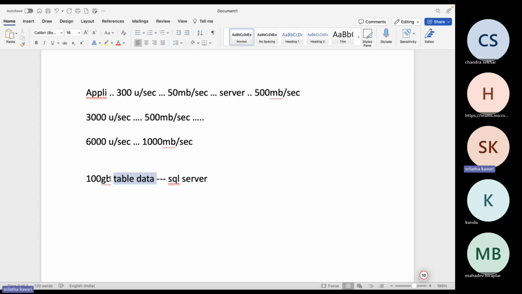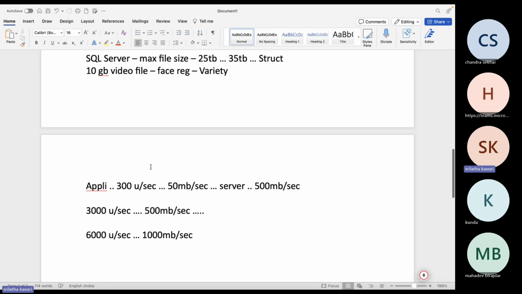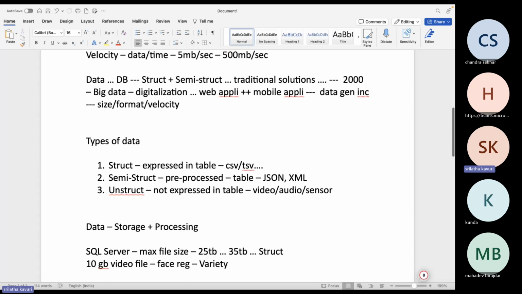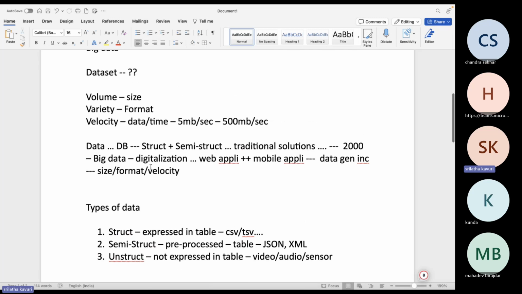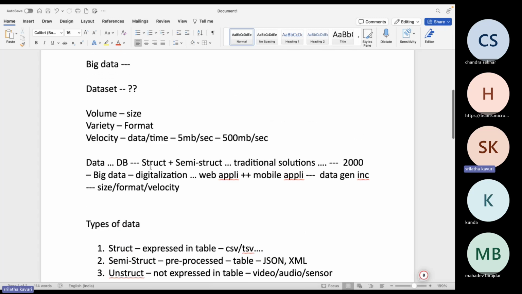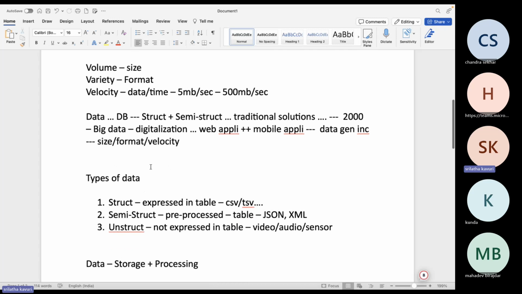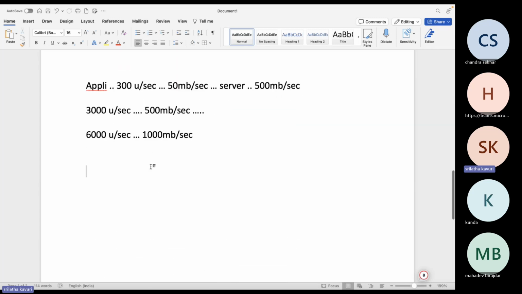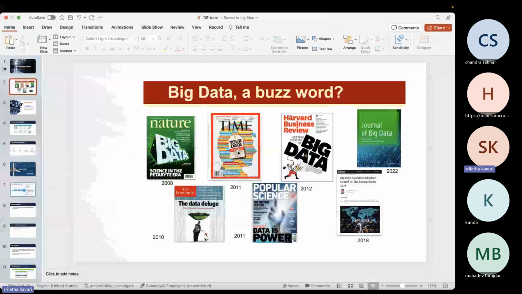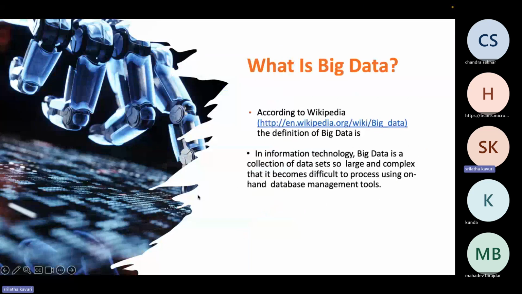So this doesn't make up big data at all. Unless it is complex to handle with existing mechanisms, it isn't necessary to move to a big data kind of solution. But in the current world, there is a huge growth of big data. Let's see a few examples of them.